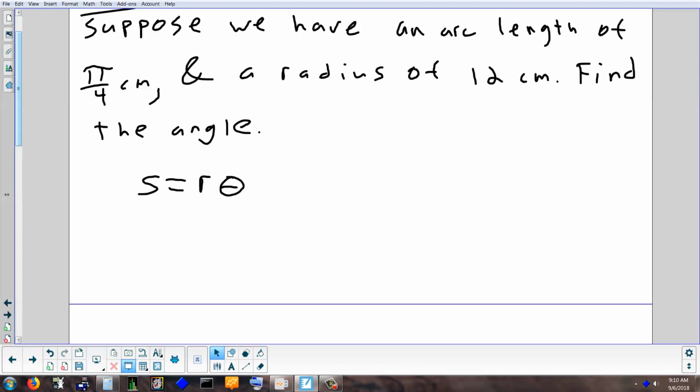So which letter there is arc length? S. So the pi over 4 is S. Okay, next thing it said we've got 12 centimeters. Sam, what letter does that get plugged in for? R. So that's 12. And the question is find the angle. So that's what we don't know.